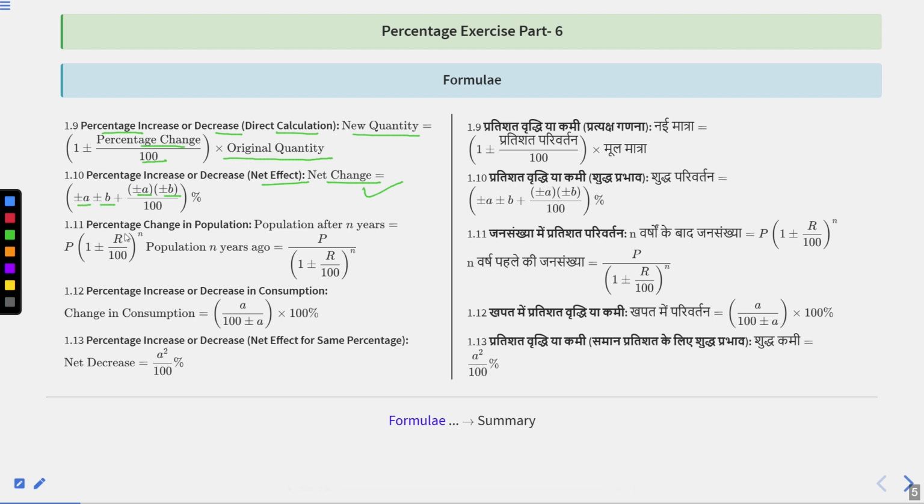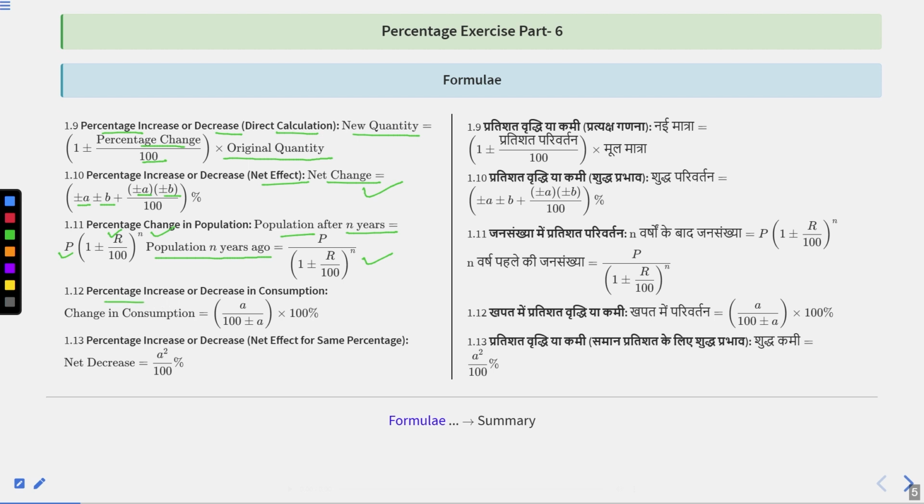Next one is percentage change in population. Population after n years: P represents the population, R represents the rate of change, and n represents the number of years. So the formula is P in brackets 1 plus or minus R upon 100, to the power n. In the same way, population n years ago, the formula will be P upon 1 plus or minus R upon 100, to the power n.